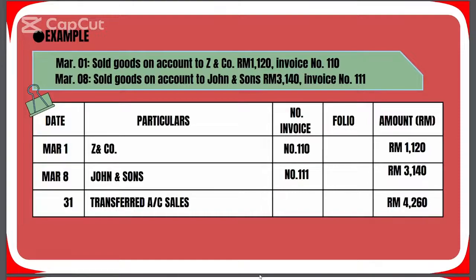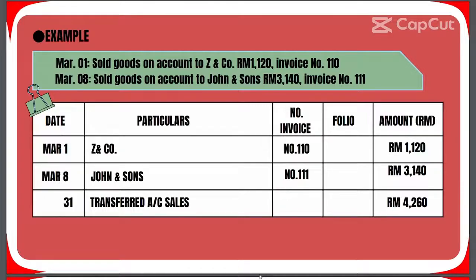Then you have to fill in all the transactions in the box. The first is the date 1st March, particular Z&Co, invoice number 110, then amount 1,120 ringgit. Then 8 March, John and Son, invoice number 111, and the amount is 3,140 ringgit.